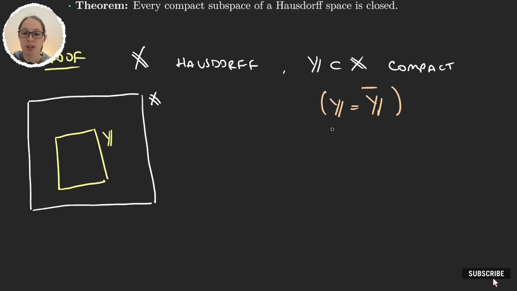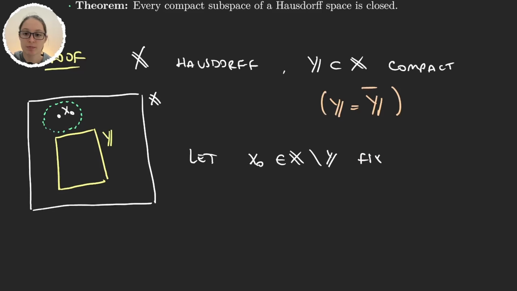To prove that Y is equal to its closure, what we will do is take an element x0 that is not part of Y and prove that there exists a neighborhood of this element that doesn't intersect Y. So let's actually find this neighborhood.